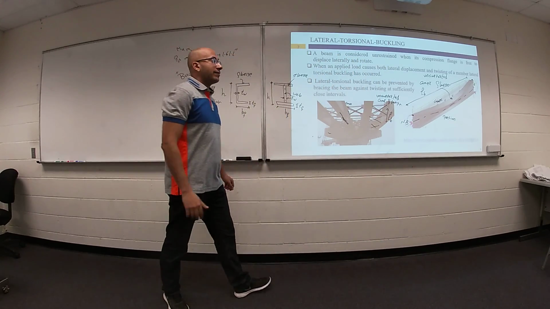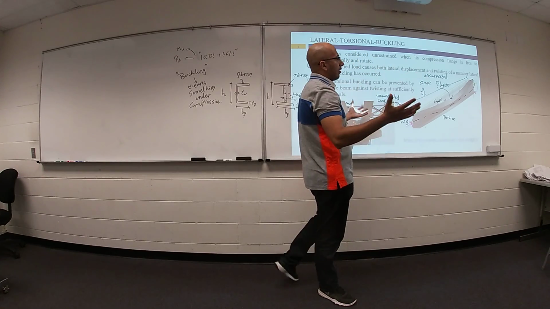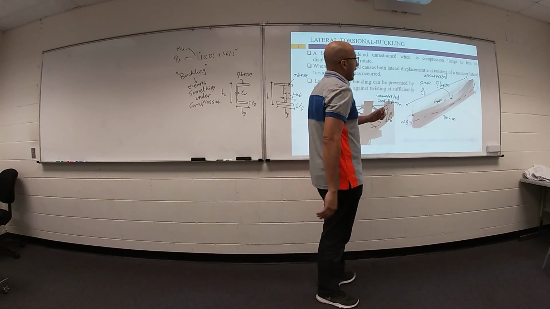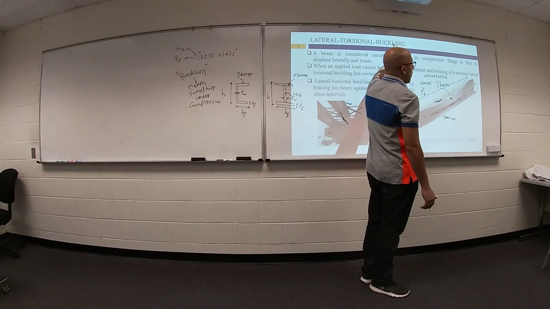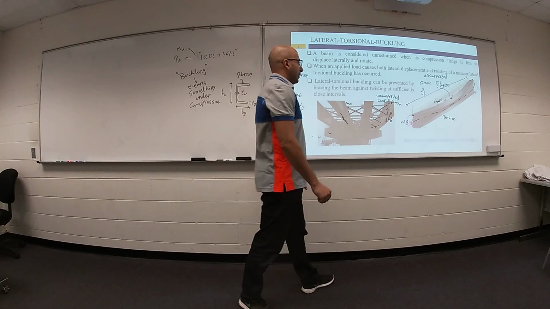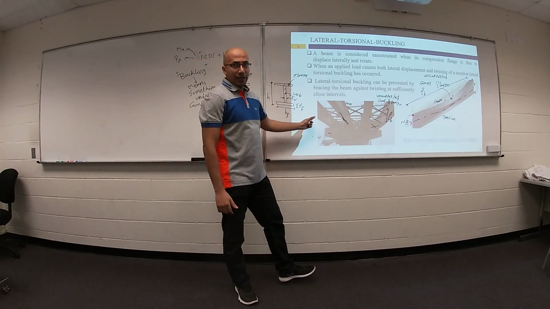We don't like to make this distance larger and larger. With larger unsupported lengths, we can expect lateral torsional buckling will happen. I would like you to understand this phenomenon.